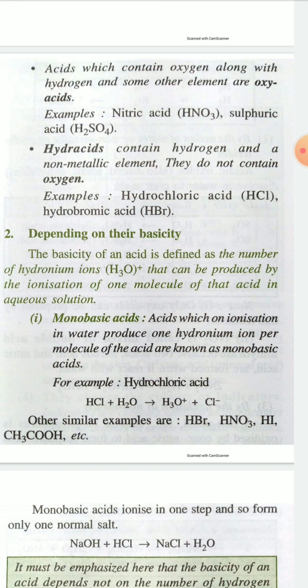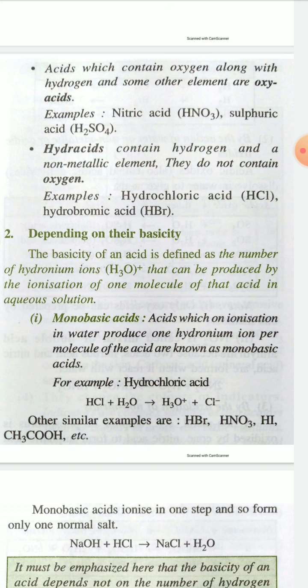Hydracids contain hydrogen and a non-metallic element. They do not contain oxygen. Examples of hydracids: hydrochloric acid HCl, which does not contain oxygen, and hydrobromic acid HBr, which is also a hydracid.